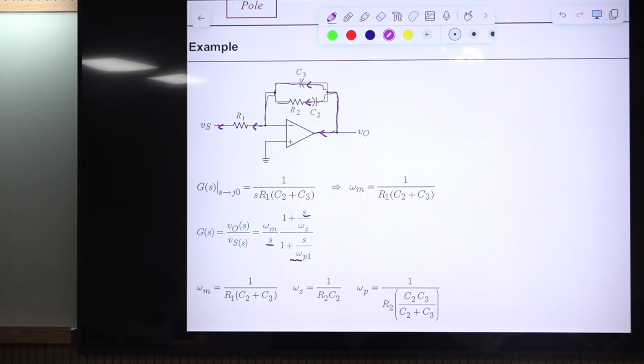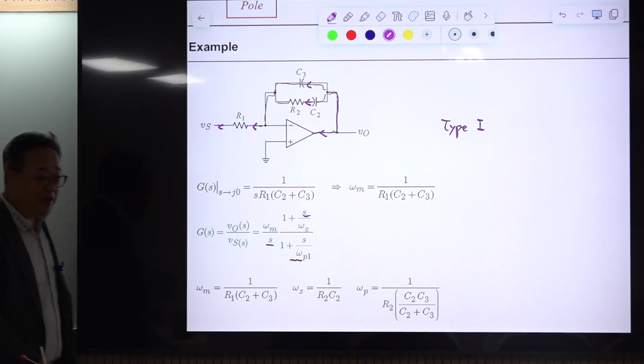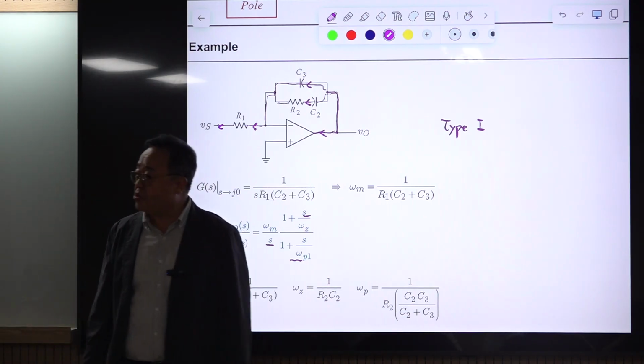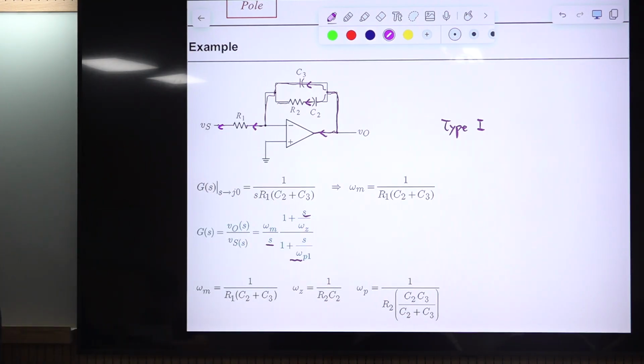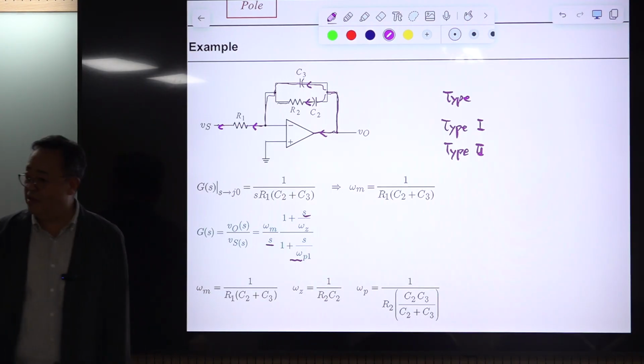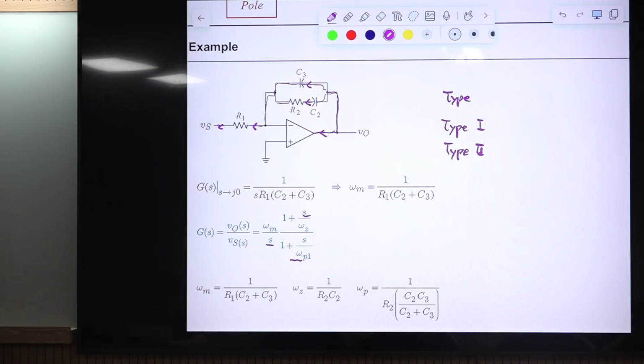Some people say this is type 1 compensation. Some strange people say type 1. And the previous one, with three poles and two zeros, is called type 2. Then they have type 0: no zero. That is just integration.